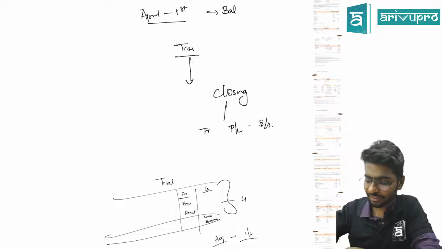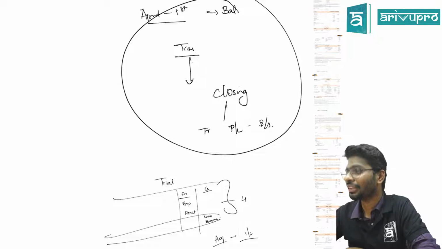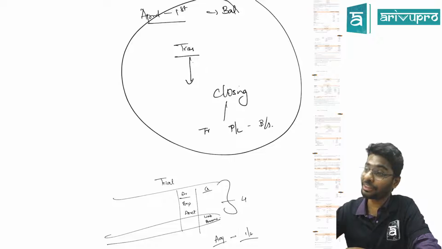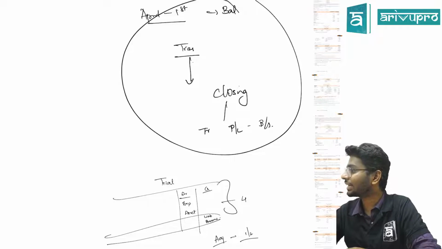Whenever the opening to closing question comes in, people start freaking out, because if they miss one entry, the balance sheet does not tally. So here all your basics come into the picture. These are the general 2 methods of doing it. Every time a new adjustment comes in, we will write it separately.